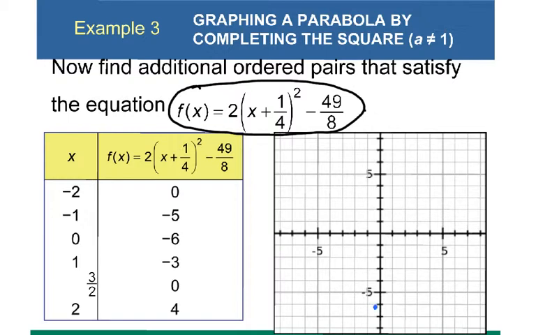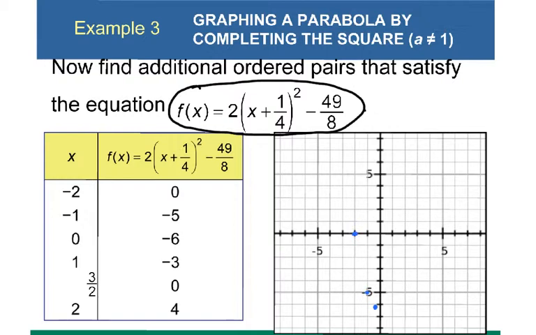And then let's plot some other points. Negative 1 is at negative 5. Okay. And then let's graph some more. Negative 2, 0. Okay.